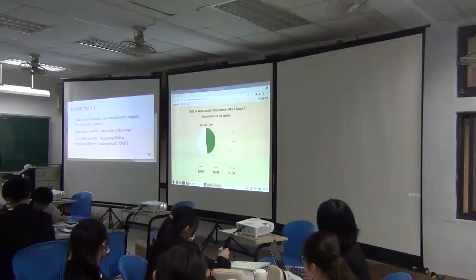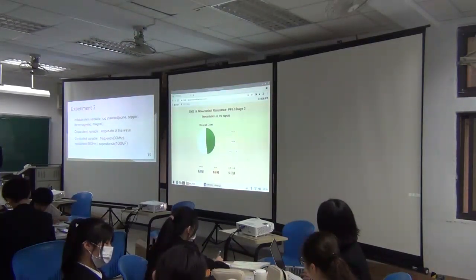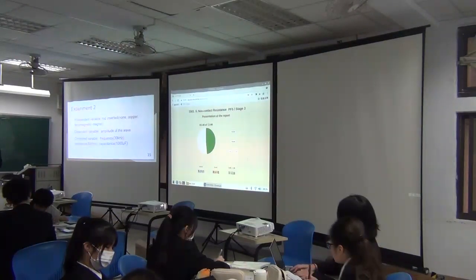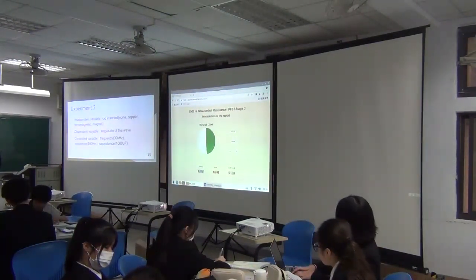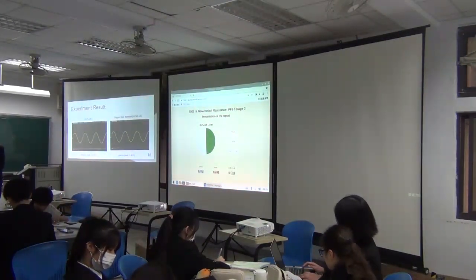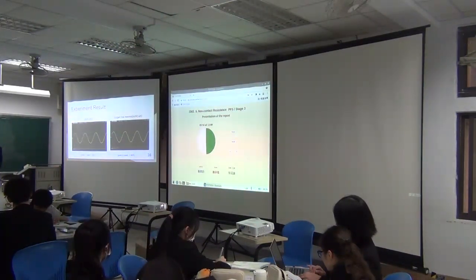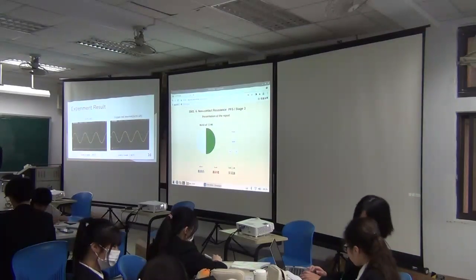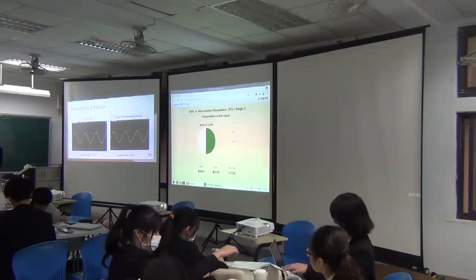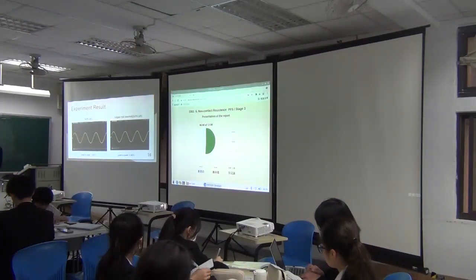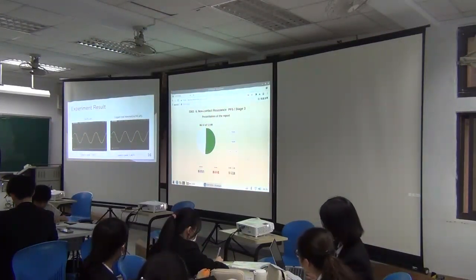The dependent variable is also the amplitude of the voltage wave, and the control variables are the same as in experiment 1. You can see that if we insert a copper rod into the coil, since copper is a non-magnetic rod, the inductance won't change, so the amplitude of the voltage is exactly the same.